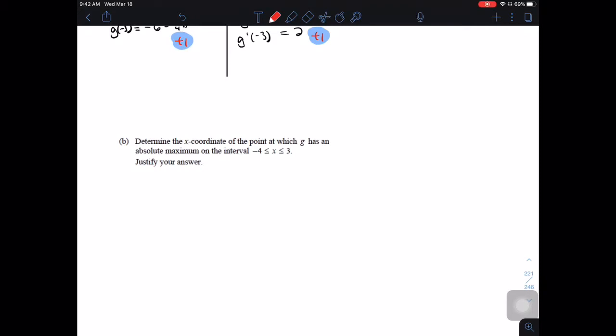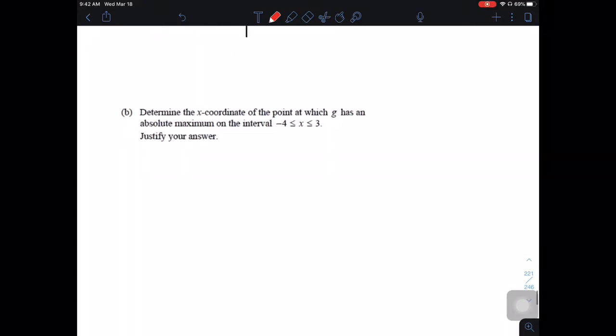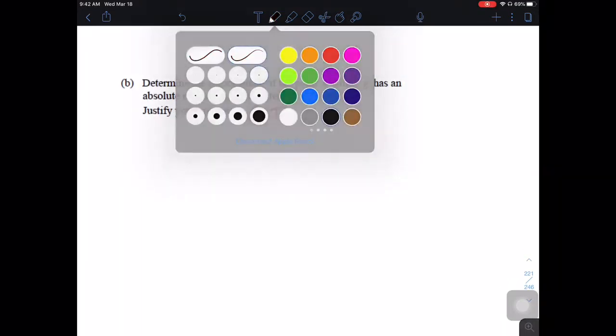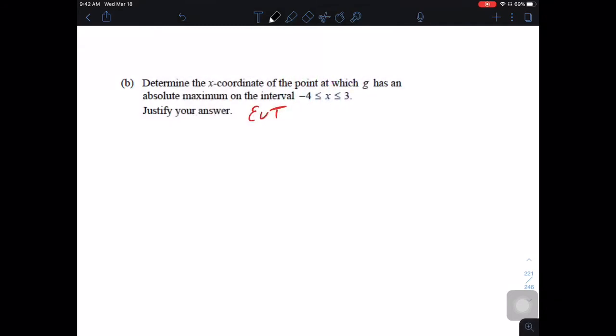Determine the x-coordinate of a point at which g of x has an absolute maximum on the interval from -4 to 3. Now, for absolute maximums, we're going to use the extreme value theorem, which means we've got to check the end values as well as any critical values.